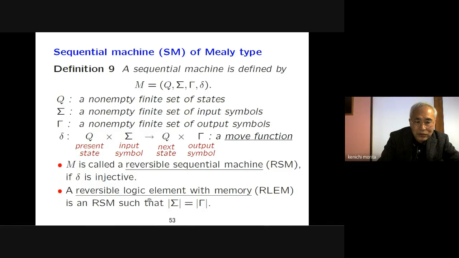And a reversible logic element with memory, RLEM, is a reversible sequential machine such that the number of input symbols is equal to the number of output symbols. Such a reversible sequential machine is called a reversible logic element with memory.